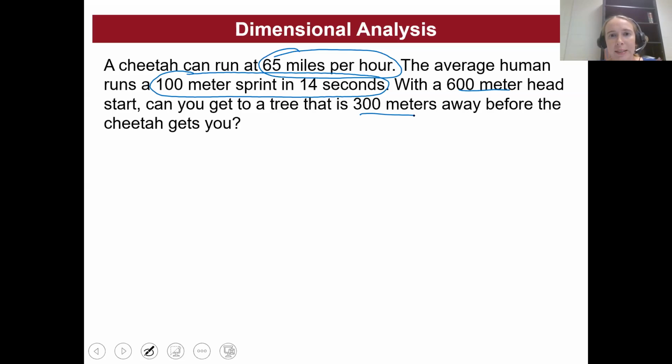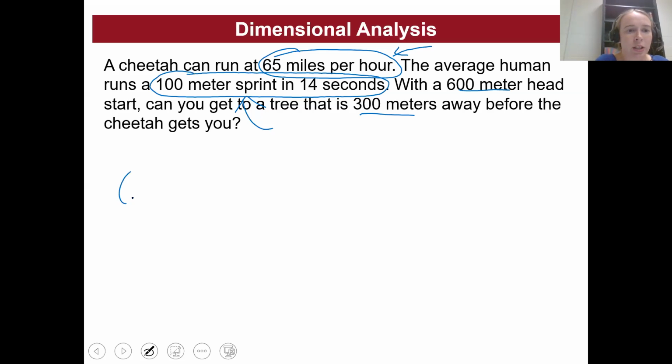So we've got two distances in meters, and a rate in meters per second for the human sprinting. So I'm going to convert this first one into meters. You don't have to. You could convert everything into miles instead. There are several ways to solve a problem. You don't always have to use the same one that I do, but I'm going to go through it for you.